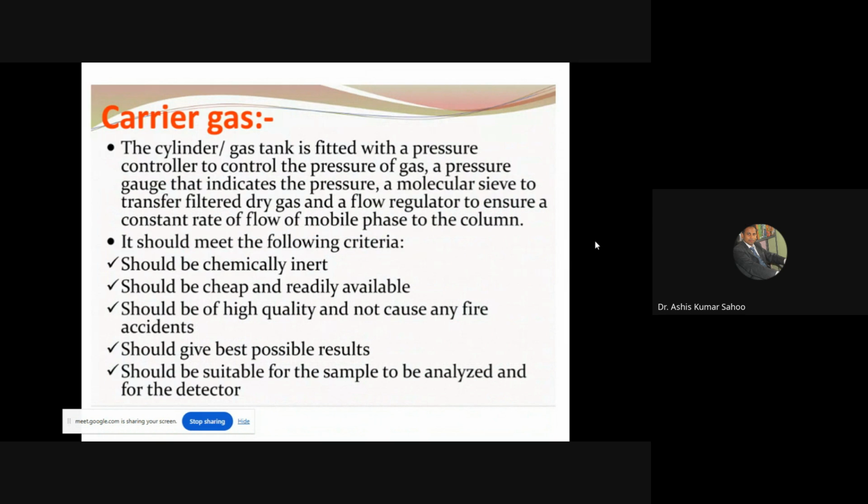A carrier gas should be chemically inert, cheap, readily available, of high quality, and not cause any fire accident, so that it can give the best possible result. So these are the different characteristics of a carrier gas.